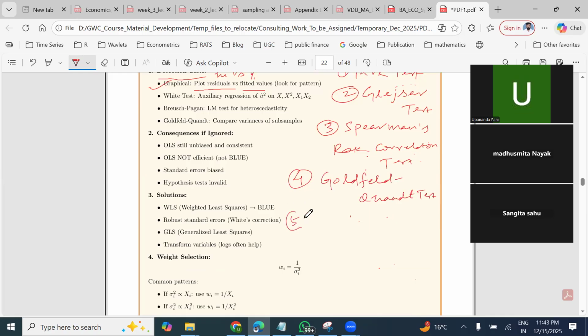Then more tests are there. Fifth is the Breusch-Pagan-Godfrey test, or in short the BPG test.